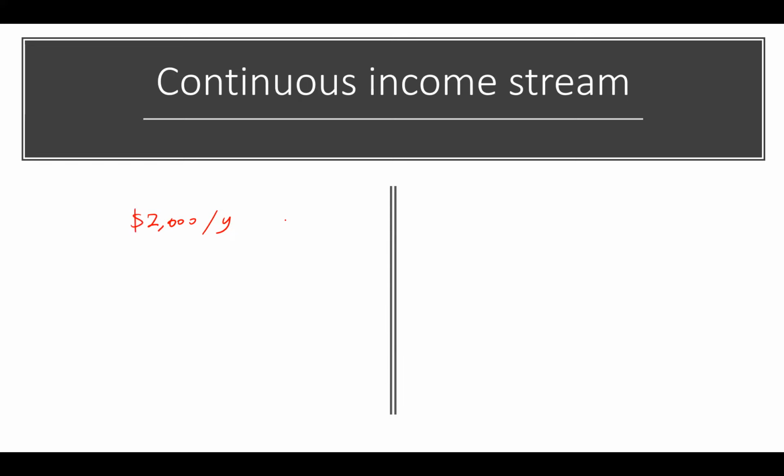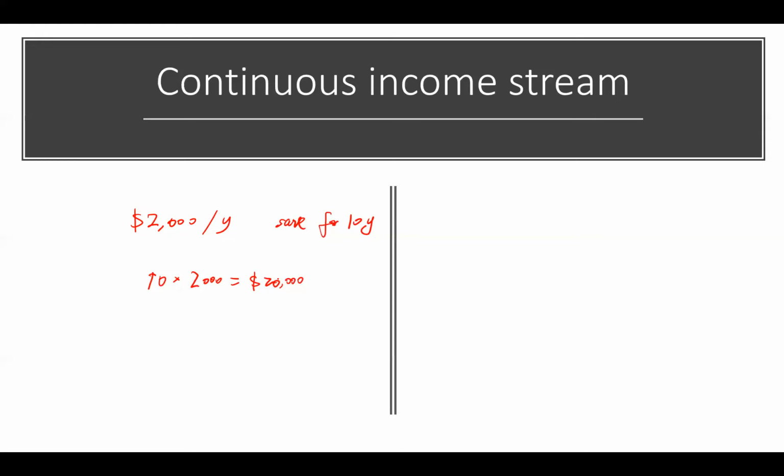I want to save for 10 years. So each year we save 2,000, and we save for 10 years, and then the total savings will just be 10 times 2,000 equals 20,000. Again, this represents the cumulative wealth we have once we save for 10 years.